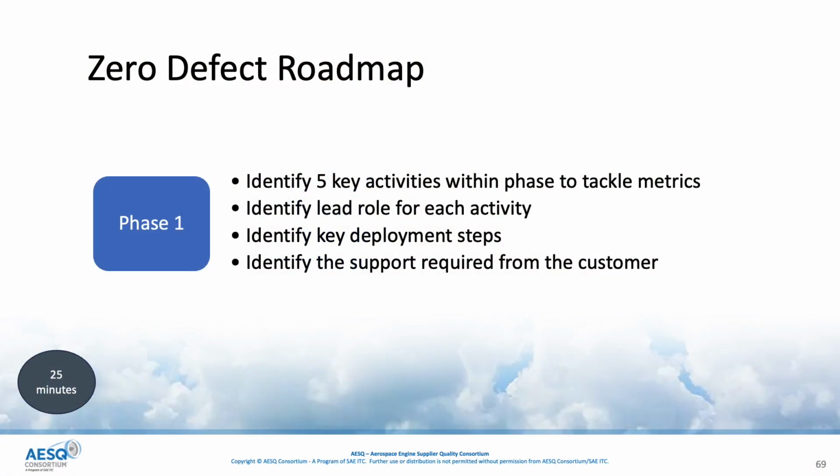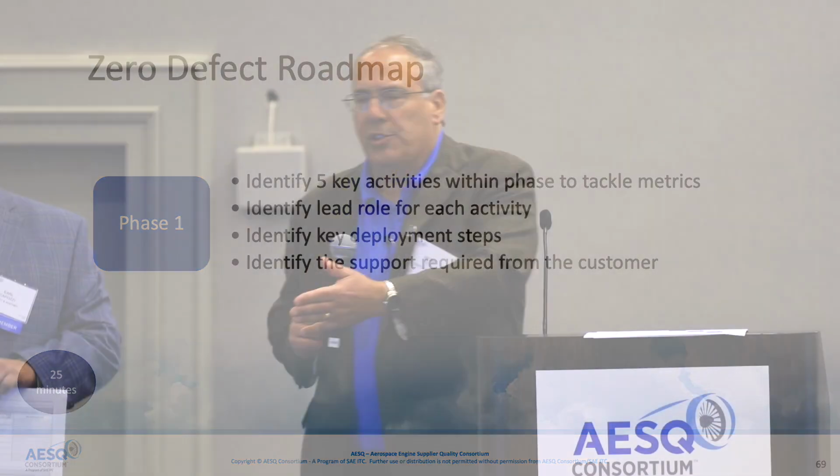So in this phase, you're going to get 25 minutes. As I said, we'll identify 5 key activities, identify the lead role for each activity, the key deployment steps, and finally, the support required from the customer. Pick a leader to present, and we'll do a very quick outbrief of your team like we did.